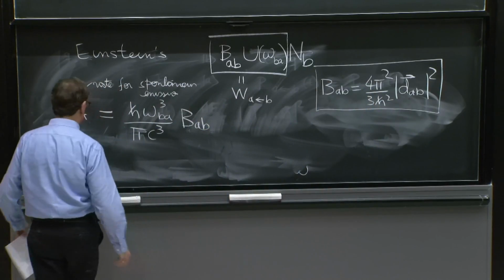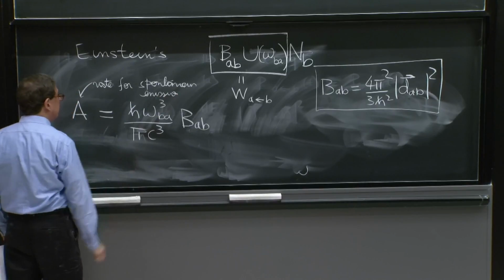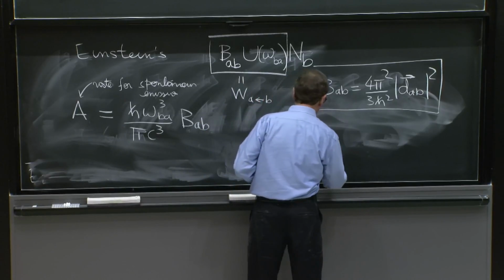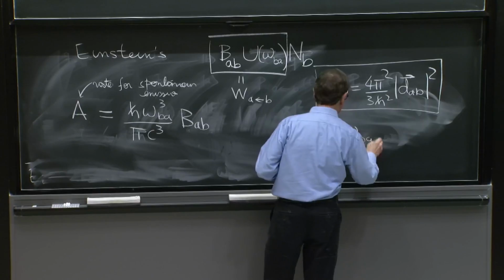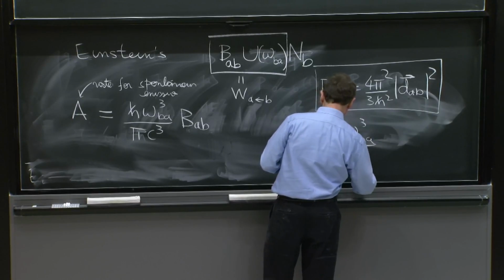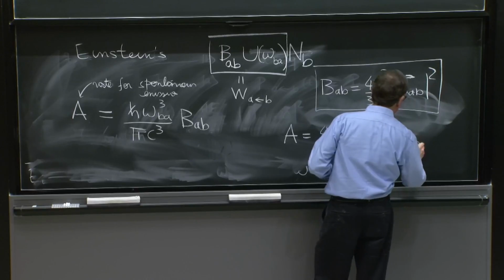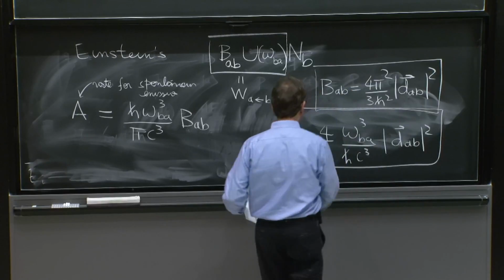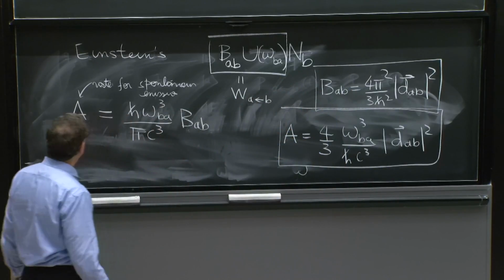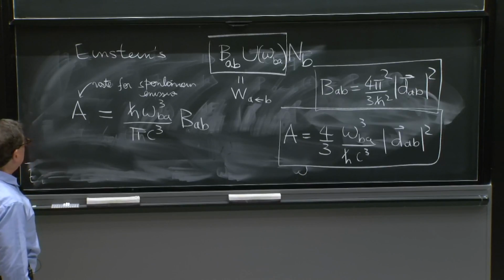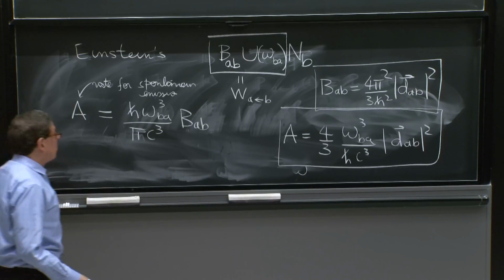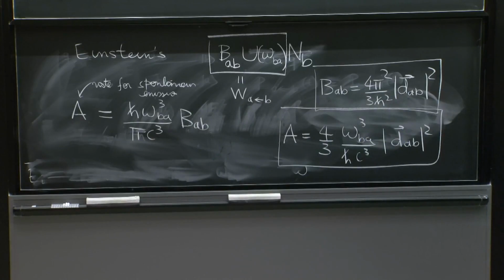Well, we might as well give the general formula, so you just substitute the B_AB, and now we have that A is equal to 4/3 omega_BA cubed over h bar c cubed times the magnitude of D_AB squared. There's one h bar in the bottom. There's a c cubed. Yep. So that completes that argument.